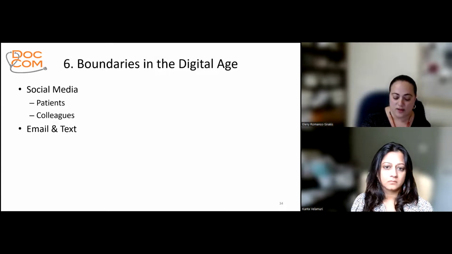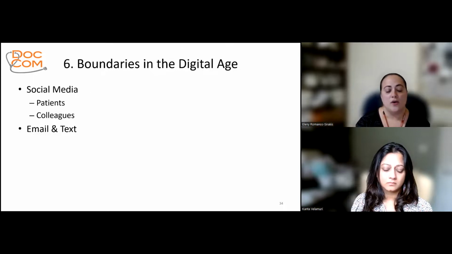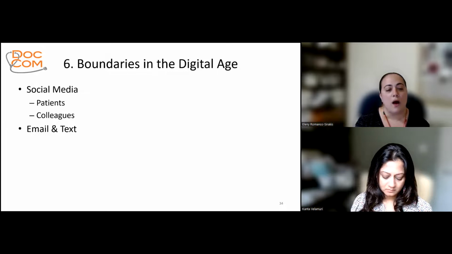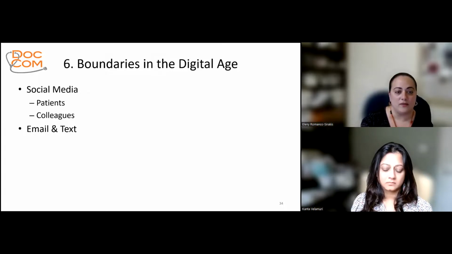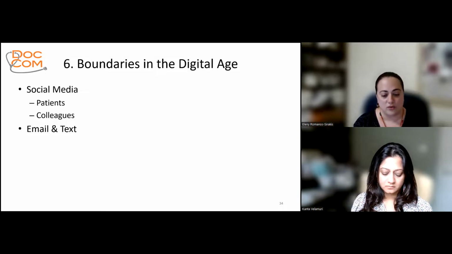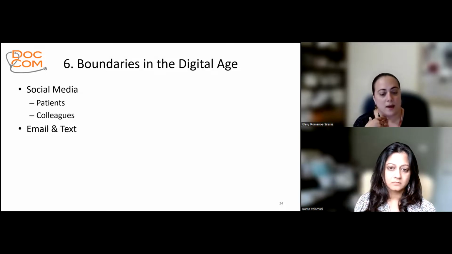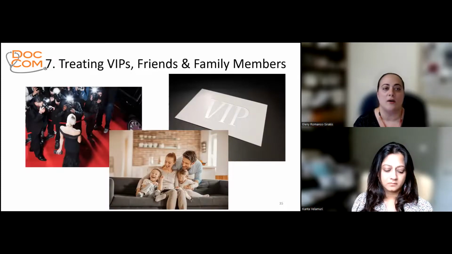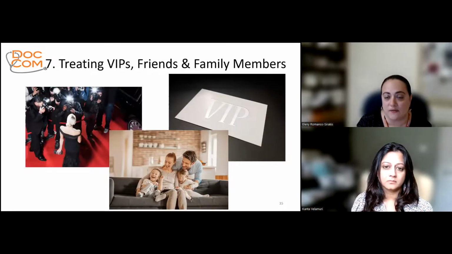So you may be crossing from professional interactions to social interactions. You may have one page where it's your personal page, and you may have pictures of your family, things that you do. And if you commingle patients with that same private life, you may not have the boundaries that you anticipated.